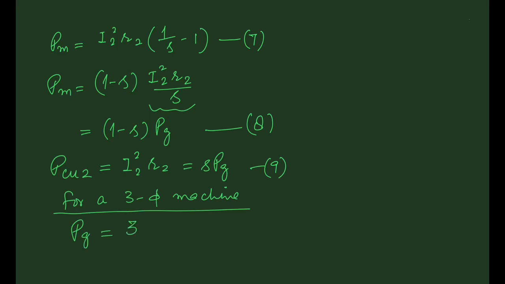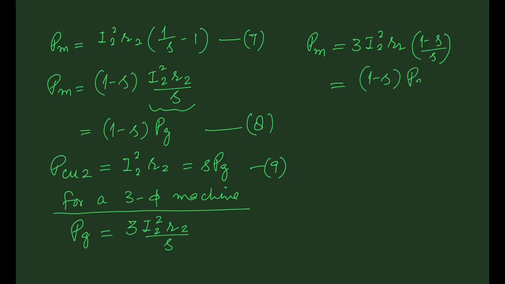Therefore, it will be 3 times I2 square R2 by S. And Pm in a similar way will be equal to 3 times I2 square R2 into 1 minus S by S, which can therefore be written as 1 minus S times Pg.